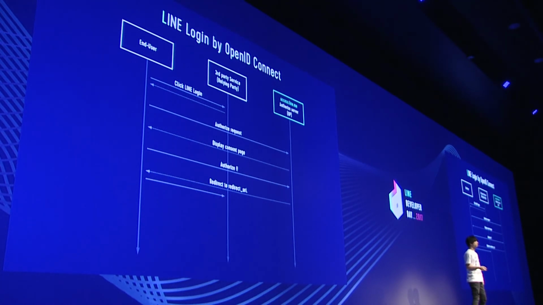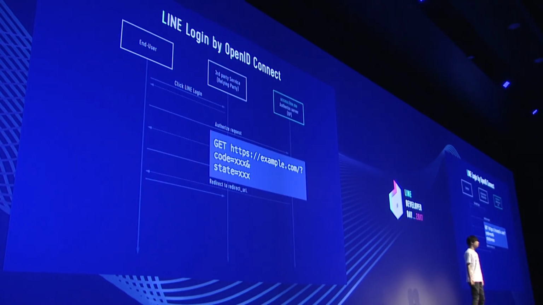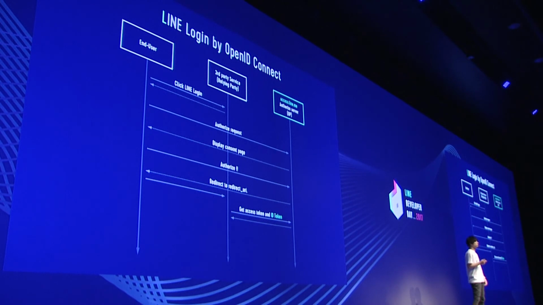And as query parameters, you get the authorization code and state. The state is where you can verify whether the state is correct or not. And once you receive the authorization code, you can get the access token. And because we're using OpenID Connect, you can get the ID token as well.